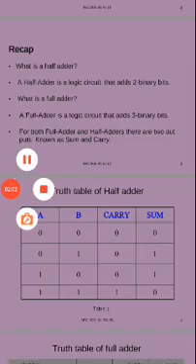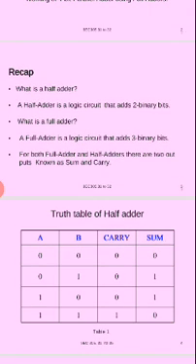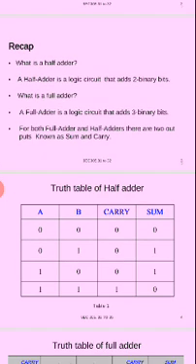Recap. What is half adder? A half adder is a logic circuit that adds two binary bits.